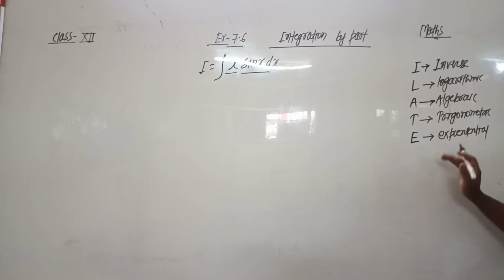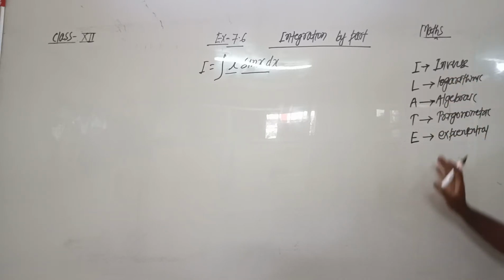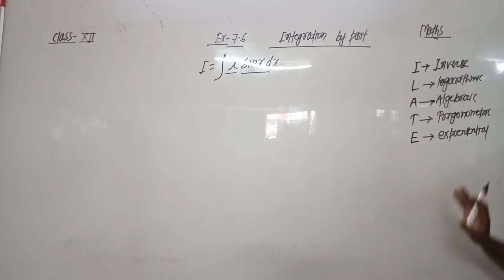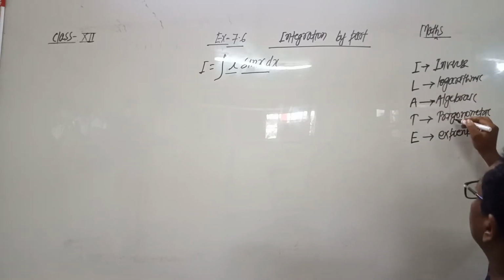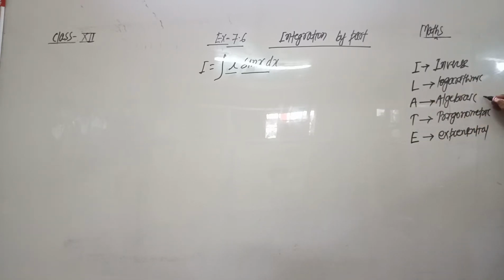We will have to see which function comes first in this table. So the algebraic function and trigonometric function. Algebraic function comes first, then comes trigonometric function.